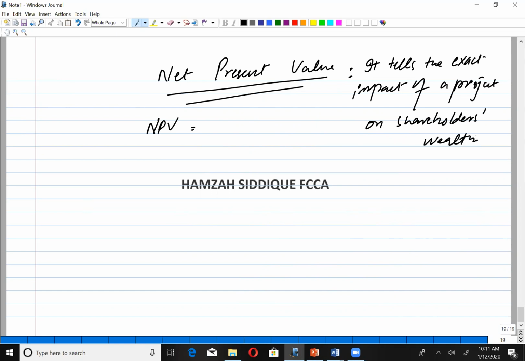NPV tells whether due to a project, shareholders' wealth is going to increase or decrease, or remain the same. So NPV is equal to present value of cash inflows minus present value of cash outflows.